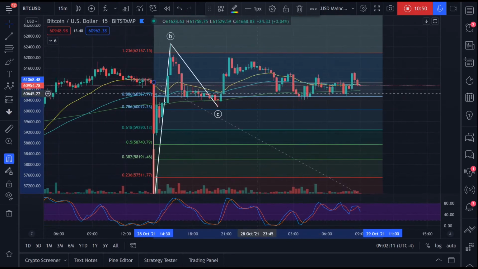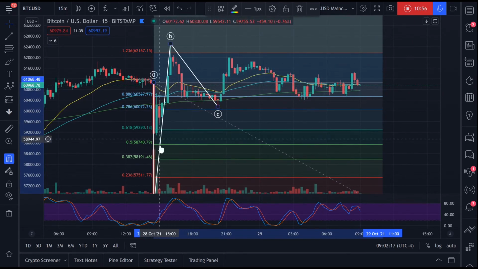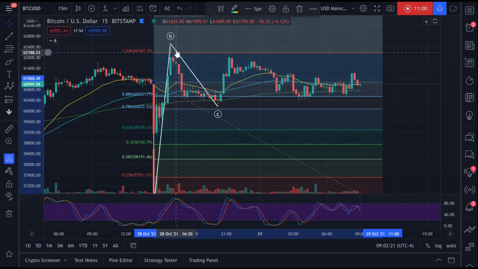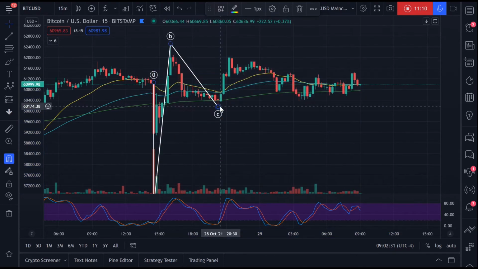Where did it touch? Right on the 786, okay? So if we're talking about one-to-one extensions, we start at 1 in the A, we go all the way to 1, 2, 3, 6 on the B, but we don't close above it, so it's still a regular flat. We come just to the 786 of the C.